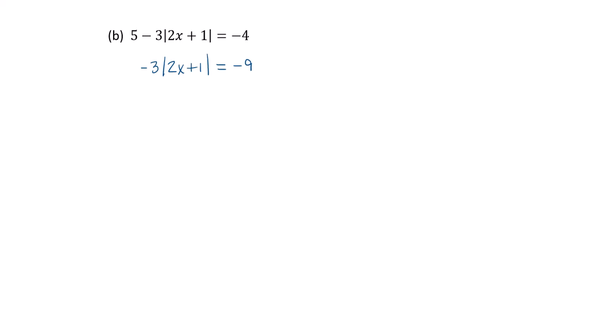Now, this negative 3 that's in front is not a part of the absolute value expression, so we need to divide it off. Once we do that, we have 2x plus 1 in absolute values on the left side, and on the right side we have 3. Now remember, we are saying the absolute value of 2x plus 1 is 3. That must mean that the expression inside must have been a 3 or a negative 3 for the absolute value of it to be 3.